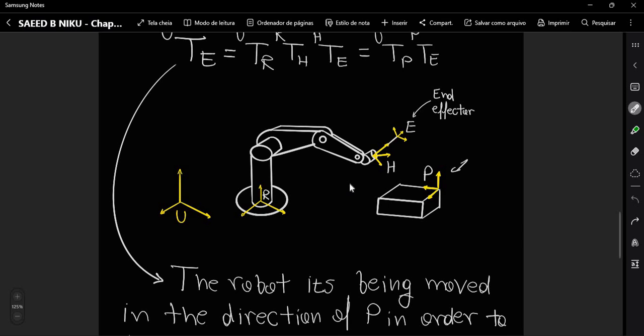We have the reference frame A, which is the end effector, and we have the reference frame P, the piece, which is the workpiece, on which the end effector with its tool is going to be a drill.